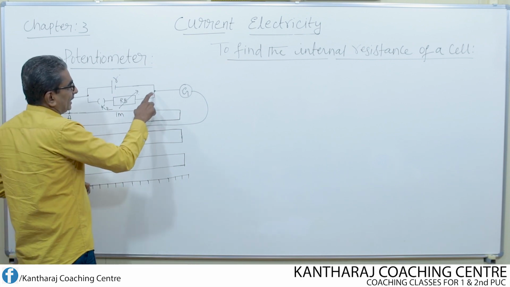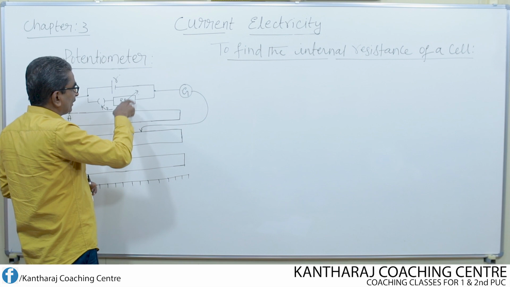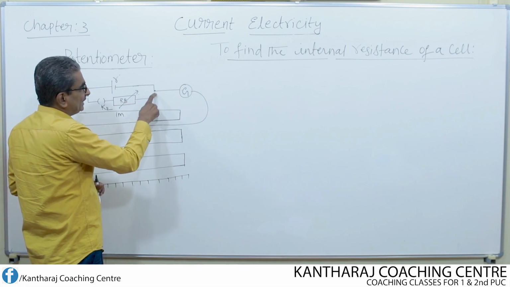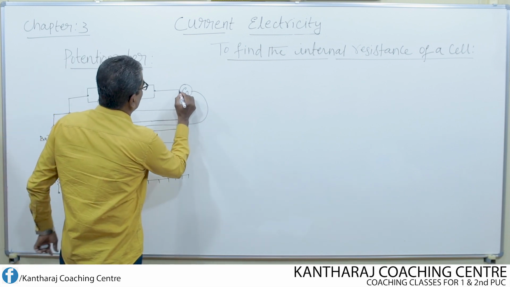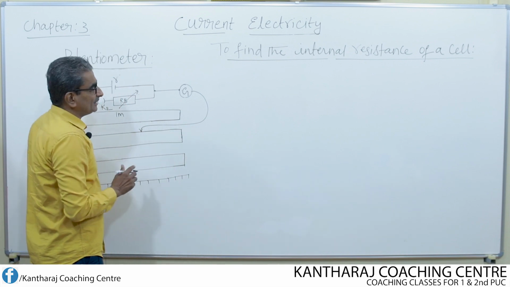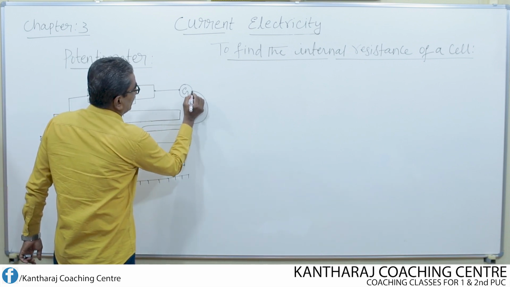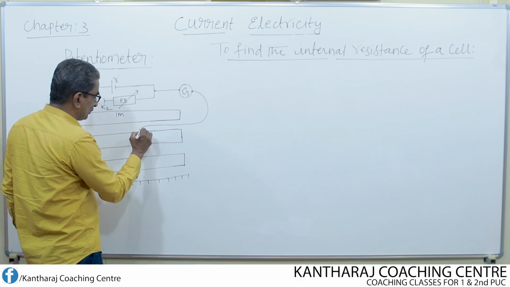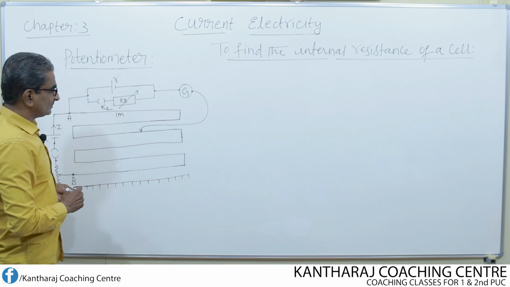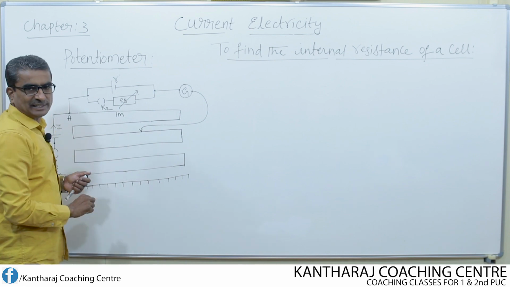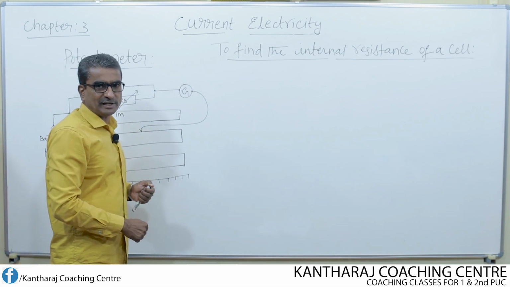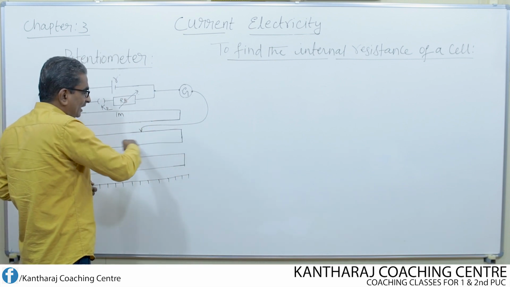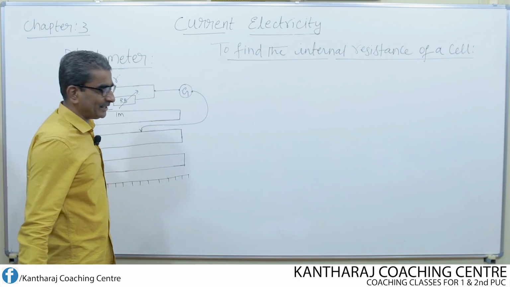Another common point of this parallel combination is connected to one of the terminals of the galvanometer. The other terminal of the galvanometer is connected to a jockey. The arrow I have represented here indicates the jockey, which is used to slide or move over the wire.